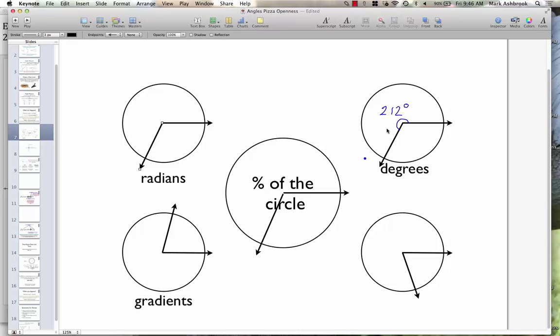We get the percent of the circle that 212 degrees is by taking 212 divided by 360. Anybody got that? 0.589, rounding it to 0.589. So what percent of the circle is 212 degrees? 58.9%. And so now to get radians, we want that fraction of 2 pi.